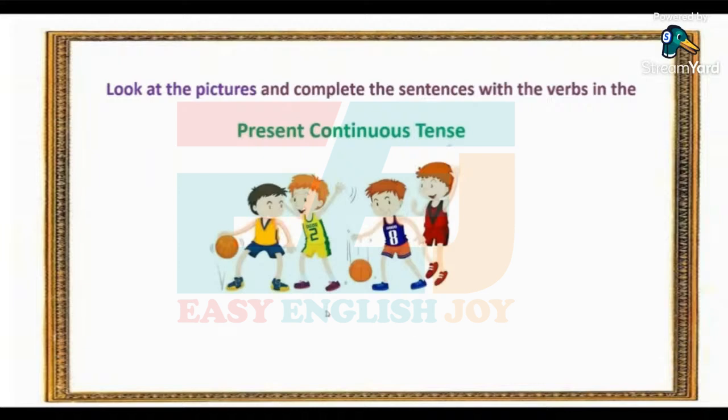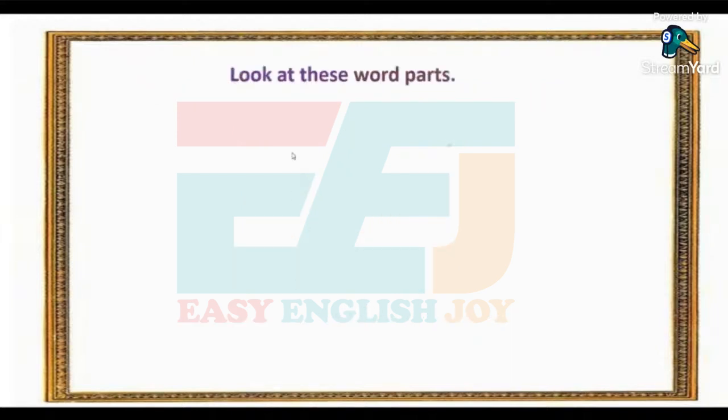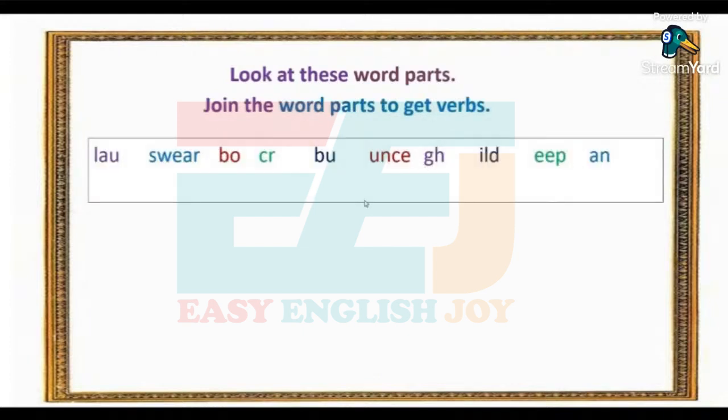Look at these boys. What are they doing? These boys are playing basketball. Look at these word parts. Join the word parts to get verbs. Alright? So we have number 1, laugh, and the GH becomes laugh.